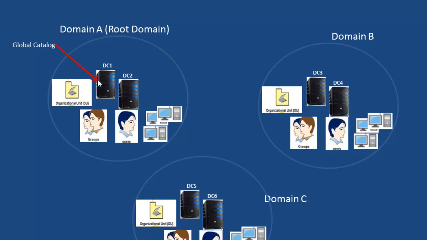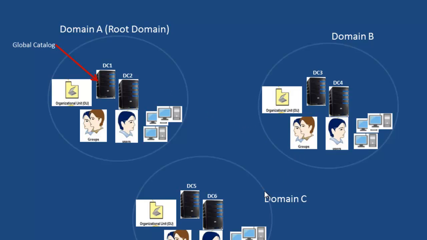What the global catalog server does is it keeps a copy, or it hosts a copy, of all the objects that you create. The attributes for all those objects are stored in the global catalog server. Now, what do I mean by attributes? Let's say, for example, a user.